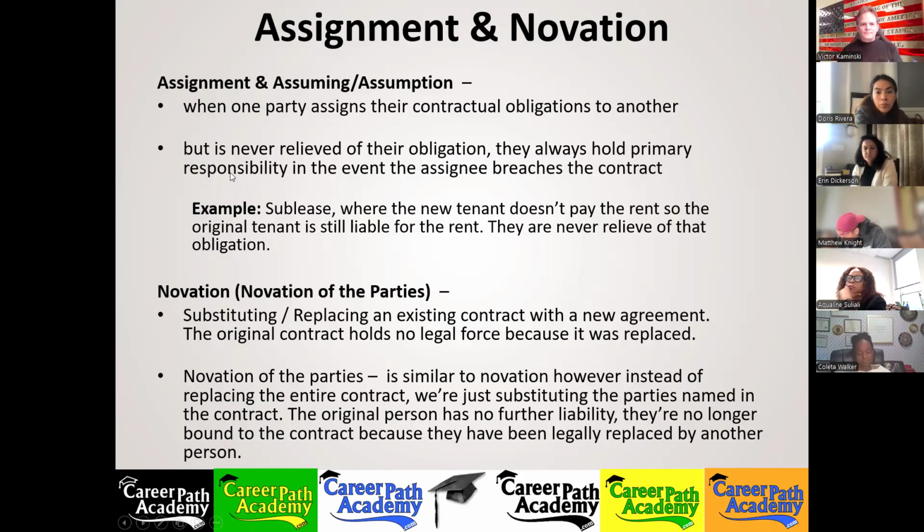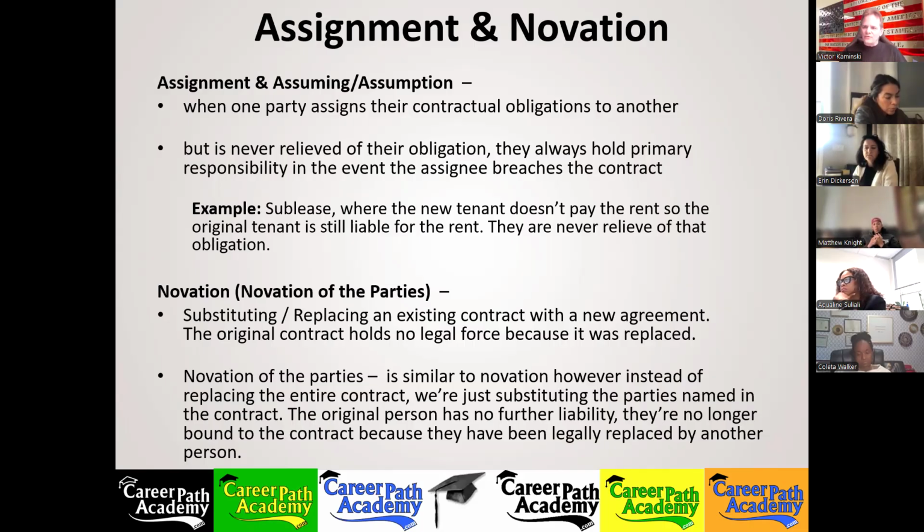So if the landlord allows you to sublease to someone else, you're never relieved of your obligation to pay the rent if that person who you're subleasing to doesn't pay you. So basically, I rented my property to you. Now you're subleasing to someone else. You're renting to someone else.